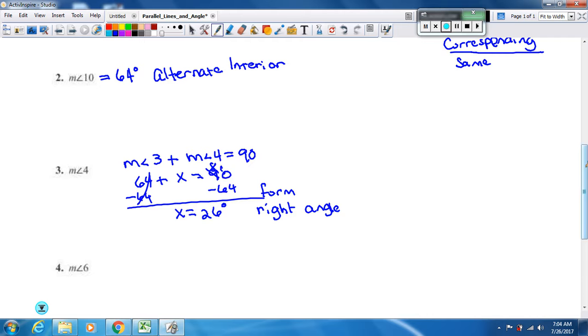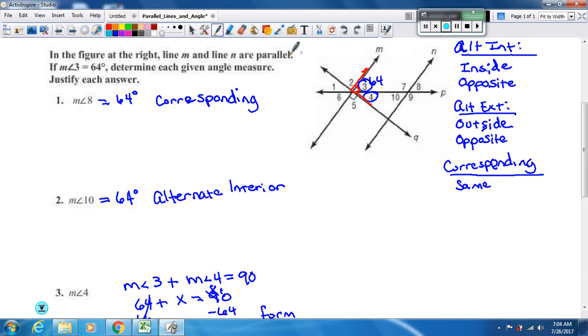Okay, measure of angle 6. So we know that 3 is 64. Okay, this is one that we haven't really talked about yet. It wasn't in our little notes. If you look at this as an x, they are opposite the x from each other.